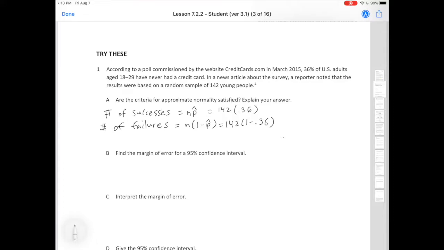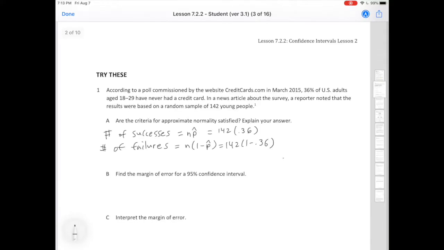This is an easy enough calculation. So if I multiply 142 times 0.36 in my calculator, I end up with 51.12. And if I do 142 times 1 minus 0.36, I end up with 90.88.